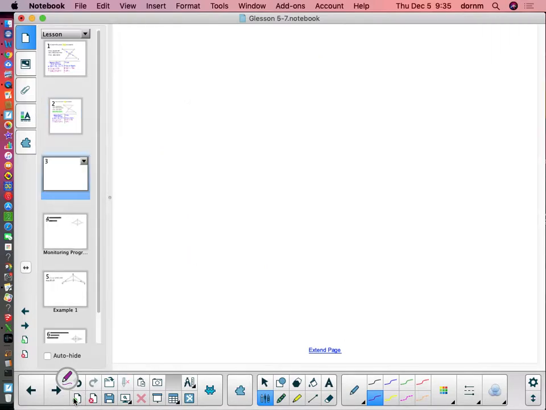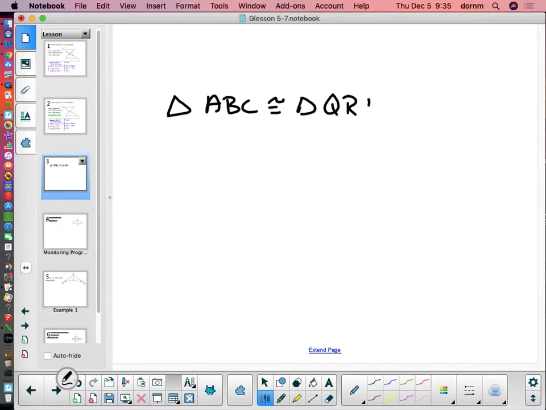I mean, we just started out with, okay, triangle ABC is congruent to triangle QRN. And we said, well, what do we know is true about those two triangles? And we listed all the corresponding parts. We said, okay, we know angle A is congruent to angle Q. We know angle B is congruent to what?